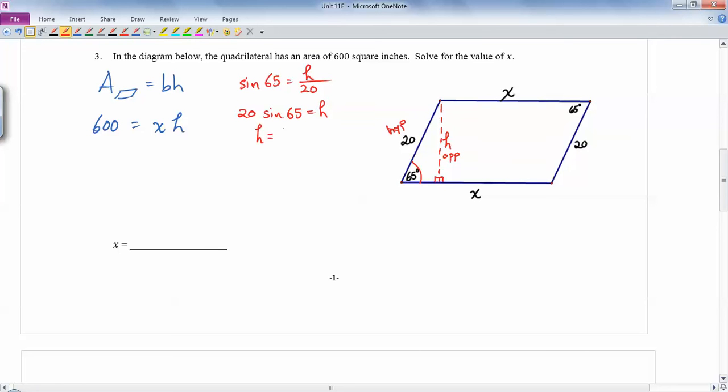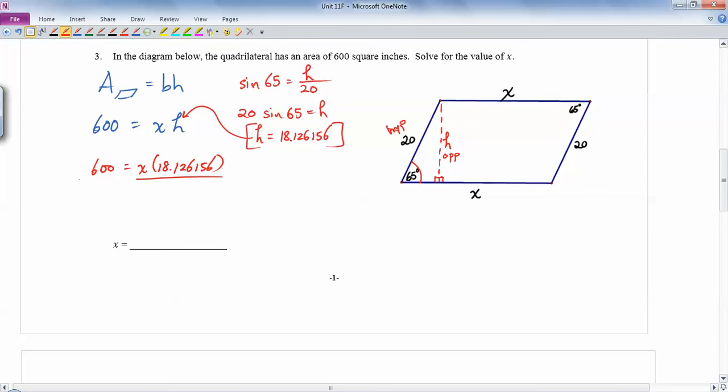And h ends up being 18.126156. So I can plug this in right there. So now I've got 600 equals x times 18.126156.